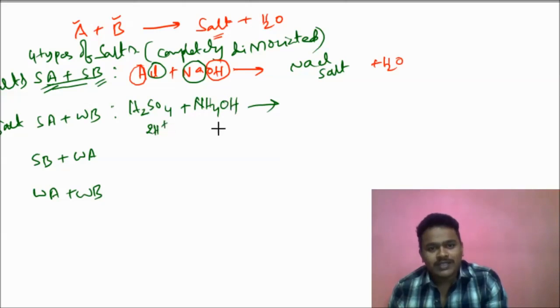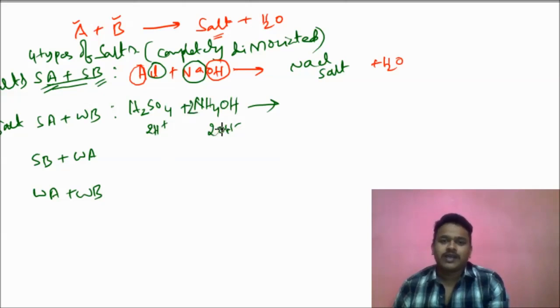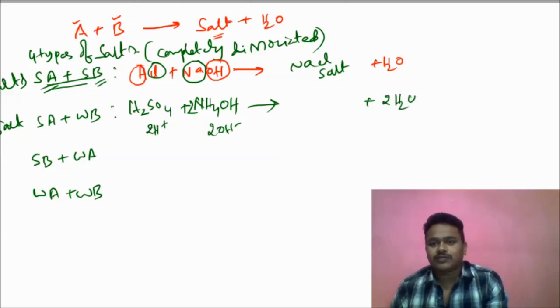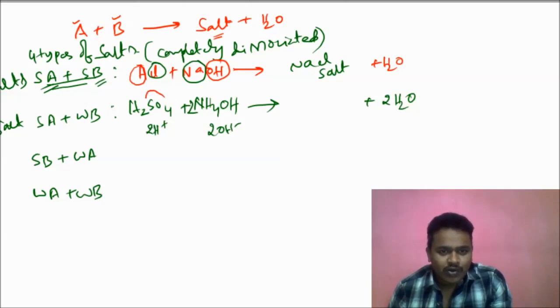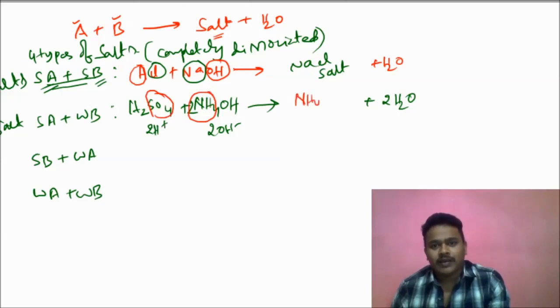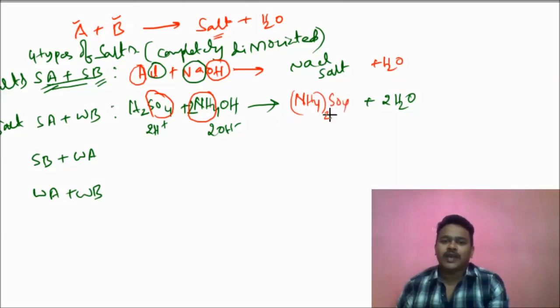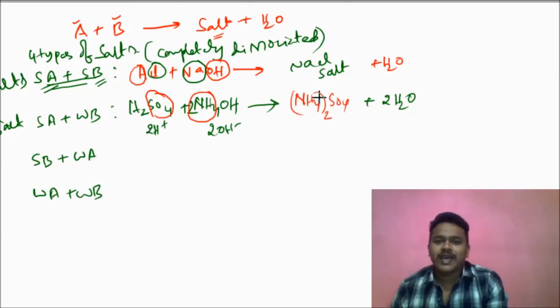Here, two OH minus are required, so I will take this 2 times. 2 H plus and 2 OH minus give 2 water molecules. What remains here is SO4 2 minus and NH4 plus 2 times. So the salt forming here is (NH4)2SO4. It is a salt of strong acid and weak base.